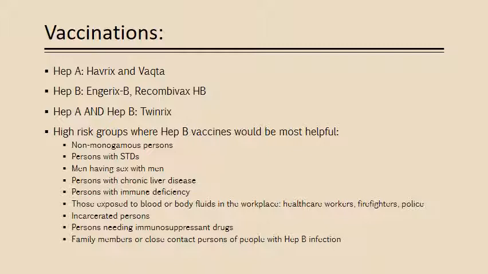It's not going to be the women, okay? Also persons with chronic liver disease, persons with immune deficiency, those exposed to blood or body fluids in the workplace, and again, healthcare workers, firefighters, policemen, incarcerated persons, persons needing immunosuppressant drugs, and family members or close contacts of people with hepatitis B infection. So really pretty much anybody.